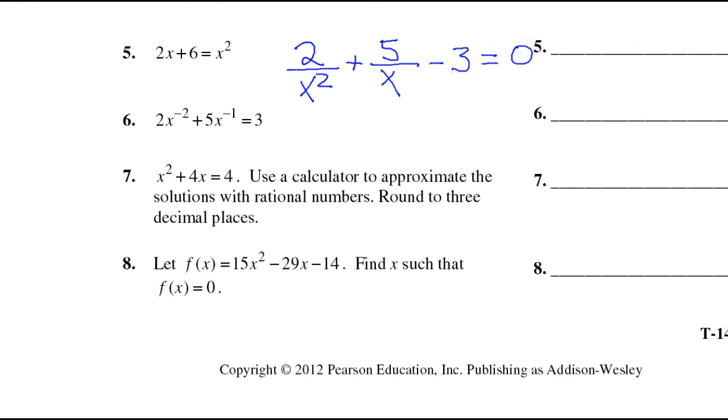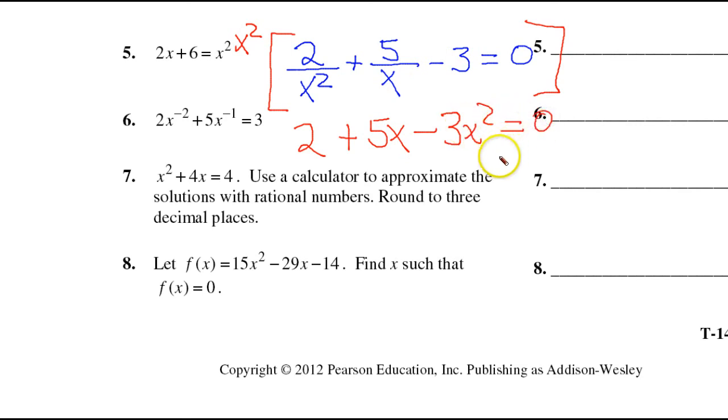So the technique here is to get rid of our fractions, and our lowest common denominator is x squared. So here the x squares cancel out, and we're left with a 2. Here one of the x's canceled, and we're left with a 5x. And here nothing cancels out, so we're left with a negative 3x squared.